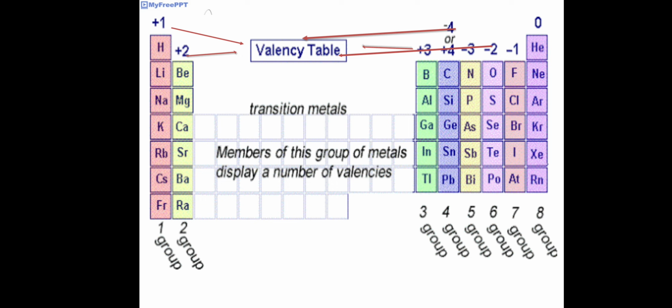Sorry. In the next group we have 2, from beryllium to radium, it is 2. That is how we put our valence numbers. So follow 1, 2, 3, 4, 3, 2, and 1, and 0 of course for helium. So follow the number of the valency.